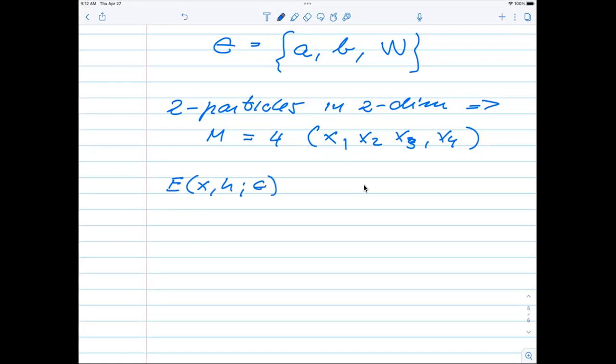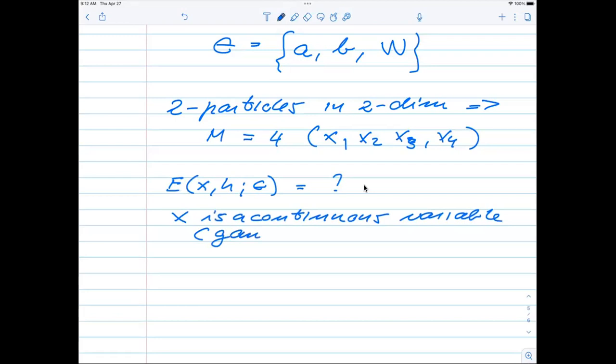And what we are going to assume now is the following. We are going to assume that x is a continuous variable, and that it's going to be given by a Gaussian. So remember now that we are defining a probability distribution.